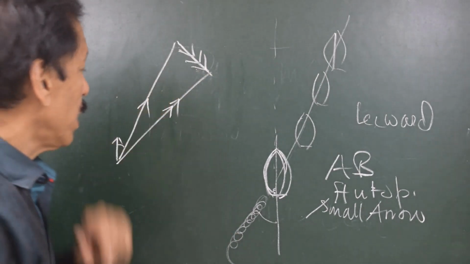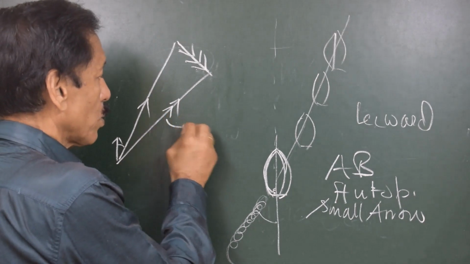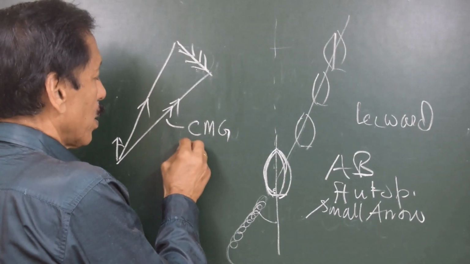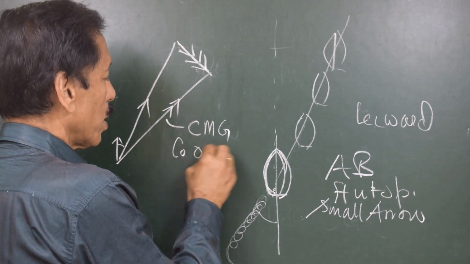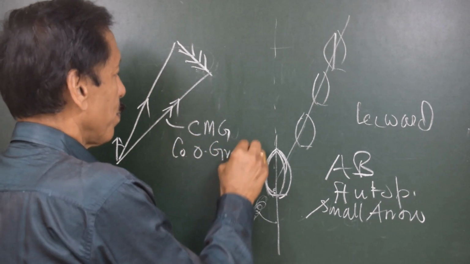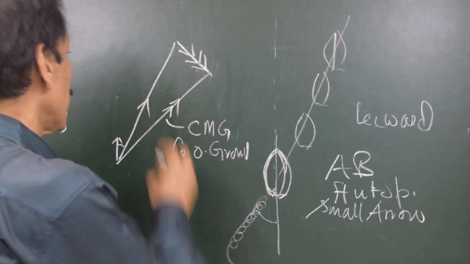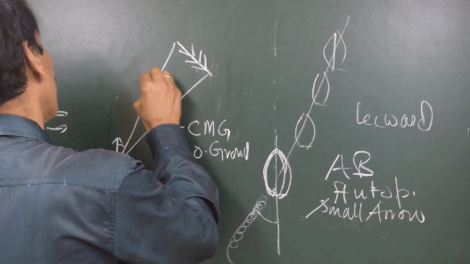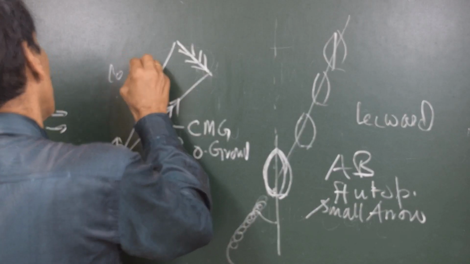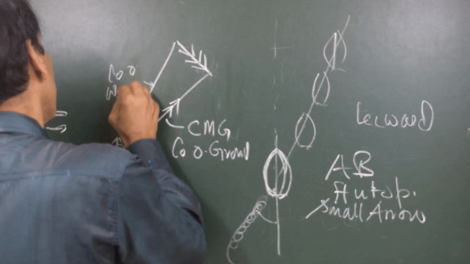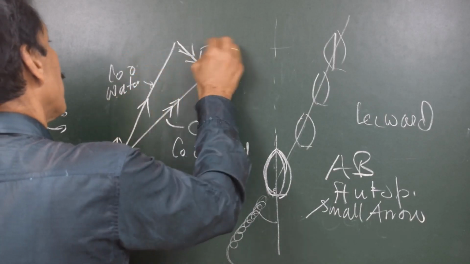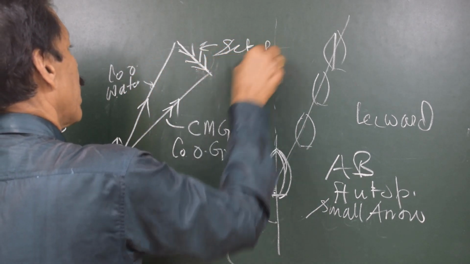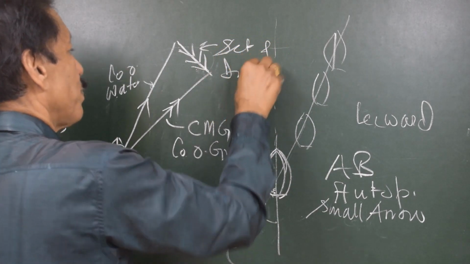I like to call this the 2 arrow line, which is also called course made good or course over ground. This is the 1 arrow line, and this is called course over water, and this is of course the current, set and drift.